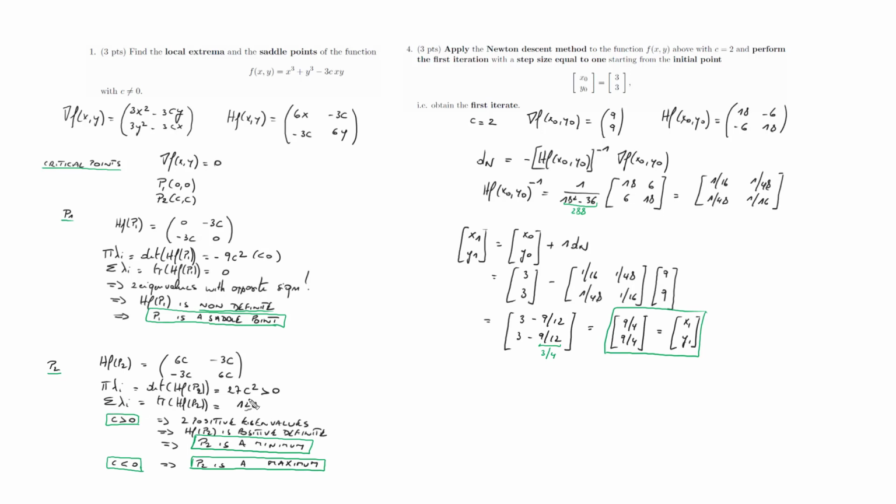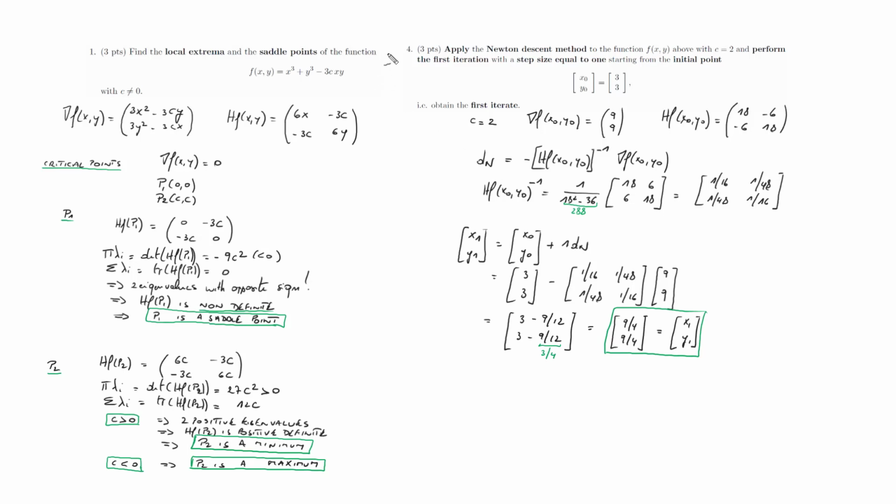So depending on the sign of c, if c is positive, we have two positive eigenvalues, right? Then this means that the Hessian is positive definite, and P2 is then a minimum. But if c is negative, we'll have two negative eigenvalues. The Hessian will be negative definite, and in this case P2 will be a maximum.